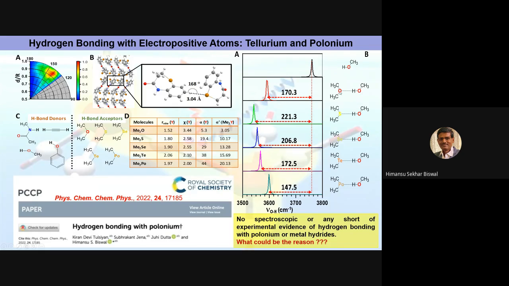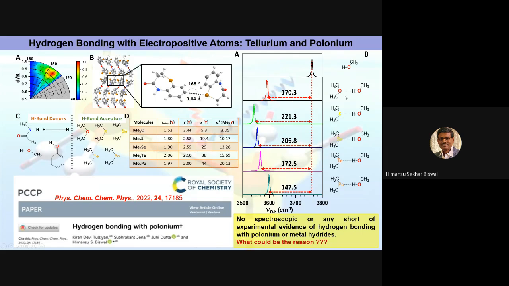When it forms the dimer, this OH bond becomes weaker, and the stretching frequency becomes smaller. We call it the redshift. When there is hydrogen bond formation, there will be a redshift of this OH stretching frequency. That's what we computationally monitored. With oxygen, sulfur, selenium, tellurium, polonium, all of them have a redshift.